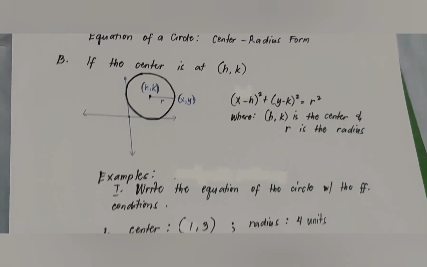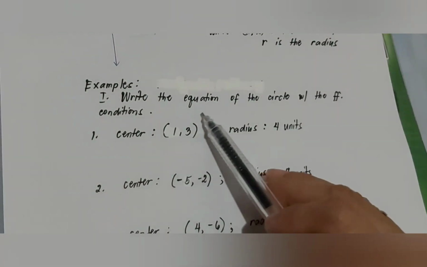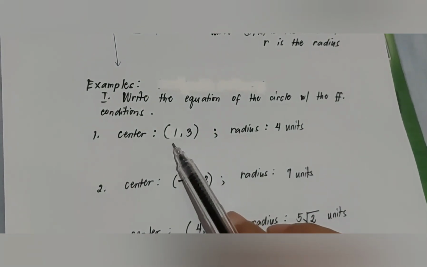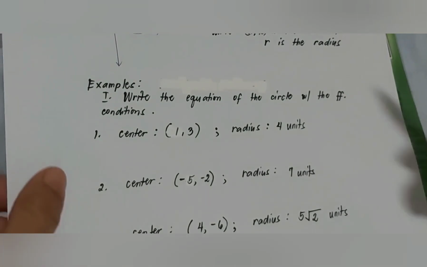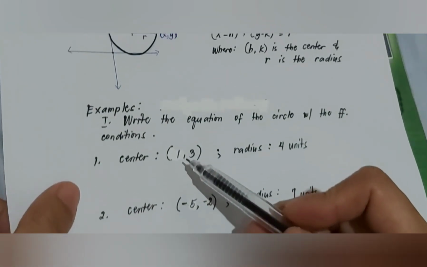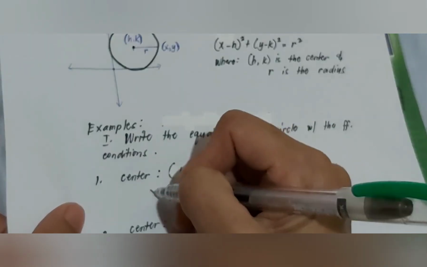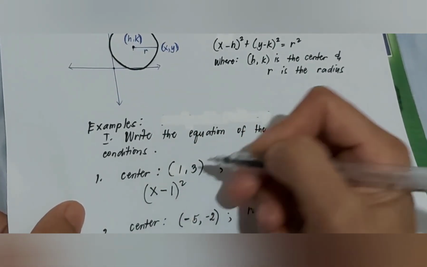Okay, let's move to the examples. Let us write the equation of the circle with the following conditions. First, the center is (1, 3) and the radius is 4 units. We will just substitute 1 in place of h, so that would be (x minus 1) squared.